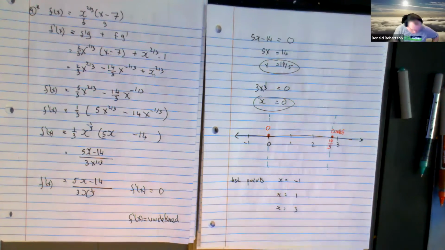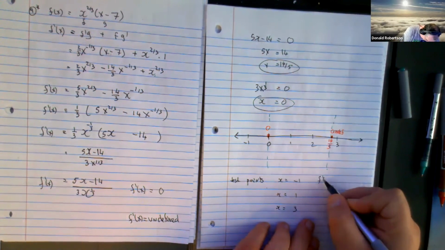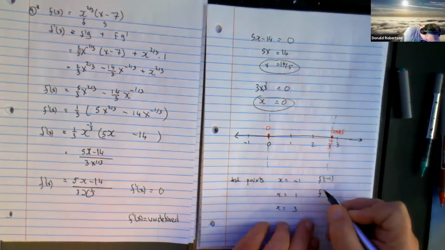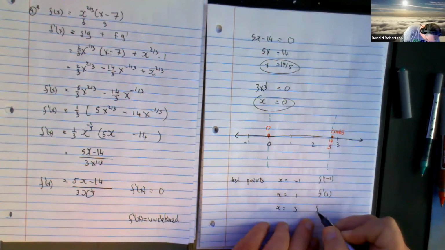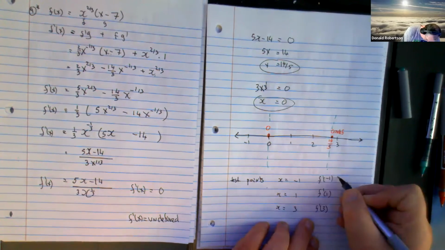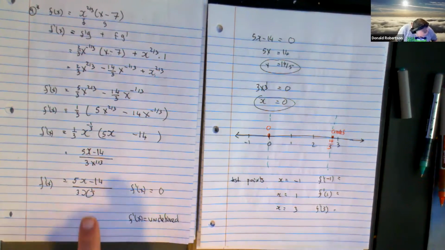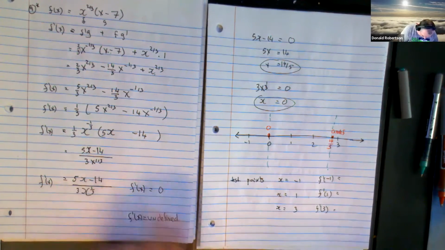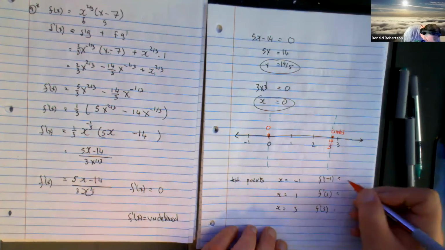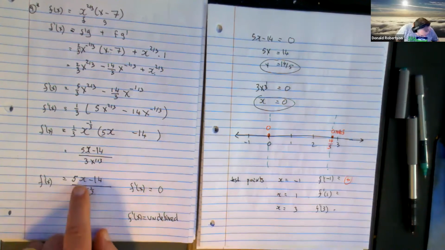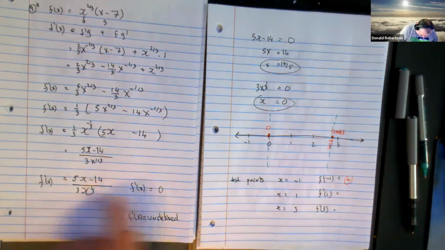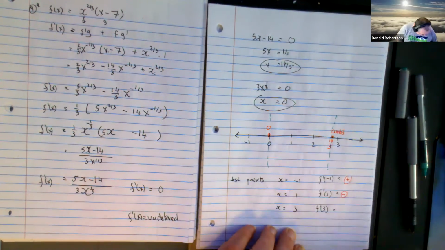Now you're going to find the derivative at each one of those points. And I'm going to do it the quick way. That's negative, so the whole thing is positive. That's negative, that's positive, so that makes this negative.